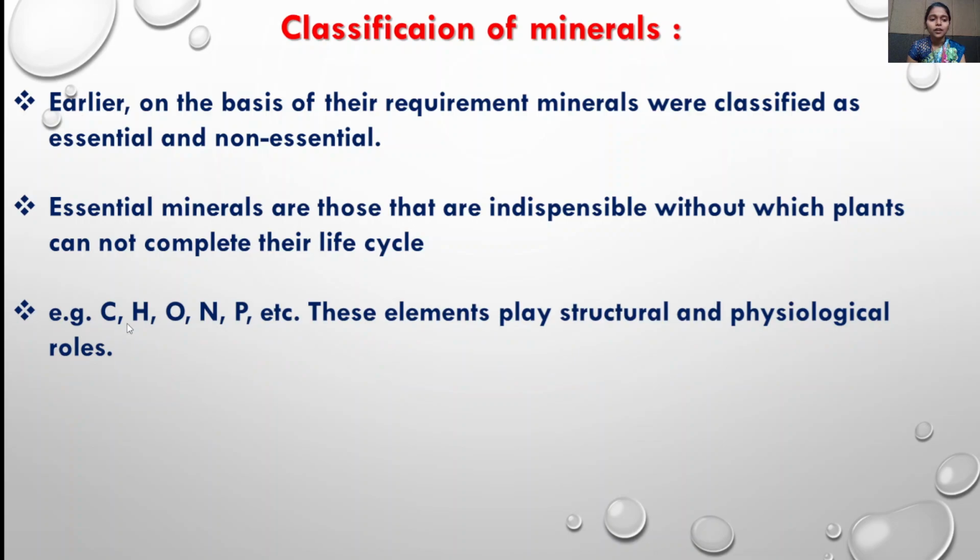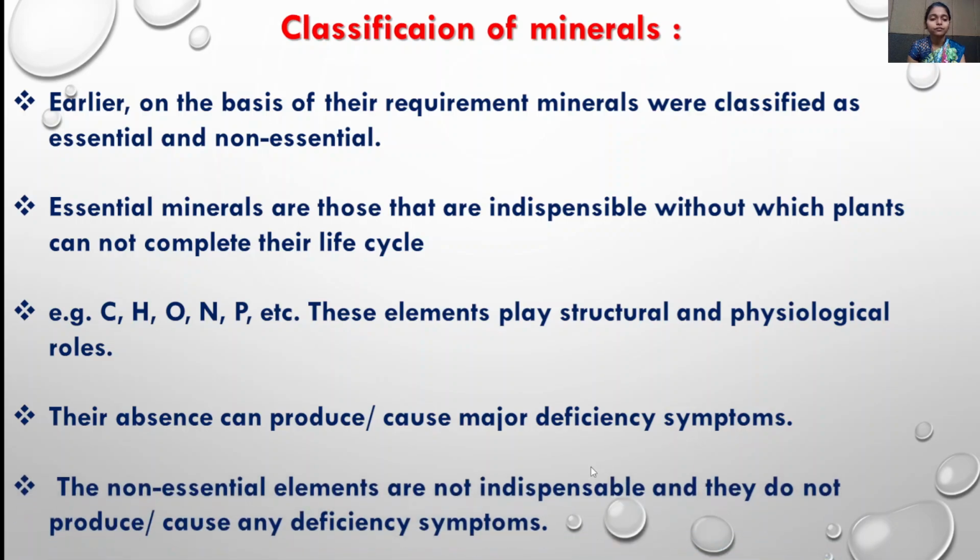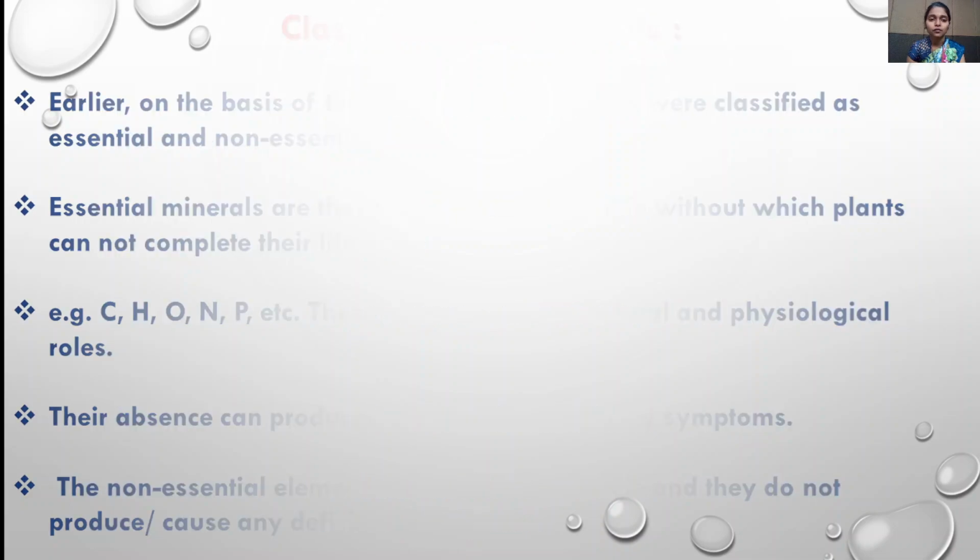Example: CHONP, etc., meaning carbon, hydrogen, oxygen, nitrogen and phosphorus, etc. These elements play structural and physiological roles. Their absence causes major deficiency symptoms. The non-essential elements are not indispensable and they do not cause any deficiency symptoms.